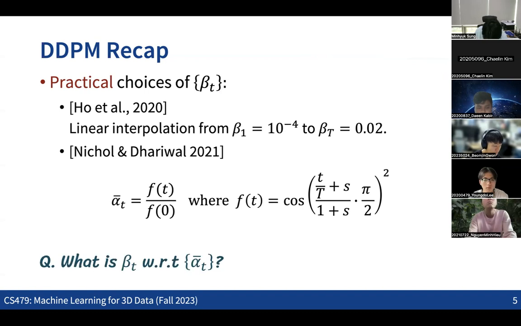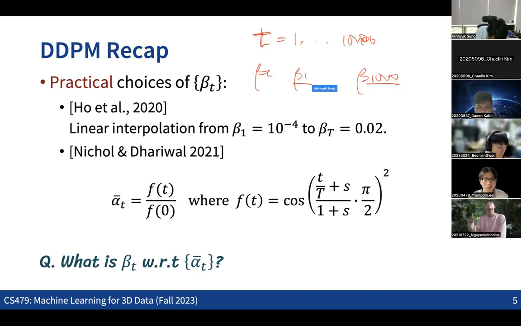So let's think about the case where we consider the time step t from 1 to 1000. Then we're also going to have the beta t from beta 1 to beta 1000, right?